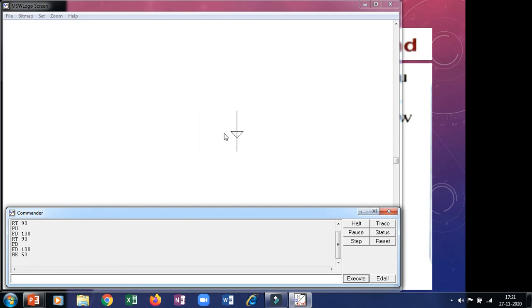We'll make the letter H. So this side is the right side, RT 90 and FD 200. Okay, oh, what happened? This line came extra. We don't want this particular line. We want only till here.